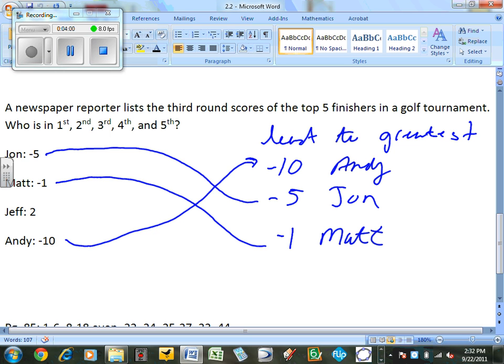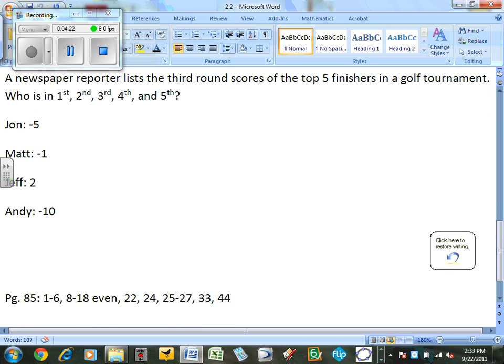And then the highest score is the positive 2. So it looks like Andy came in first, John came in second, Matt came in third, Jeff came in fourth, and it was asking for a fifth spot. It looks like we only have 4 golfers though, so there's no fifth spot. But you guys get the picture. I'll list them in order from least to greatest. So hope that helps. We'll see you in class.